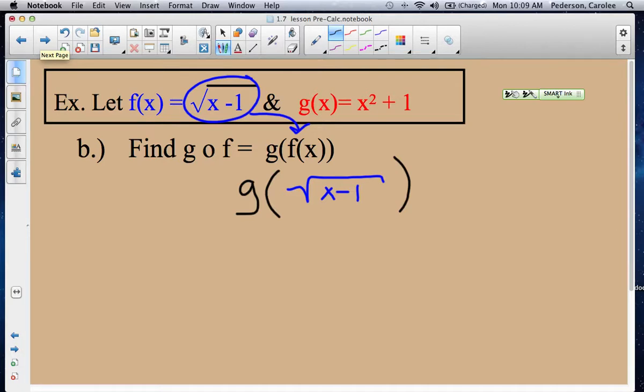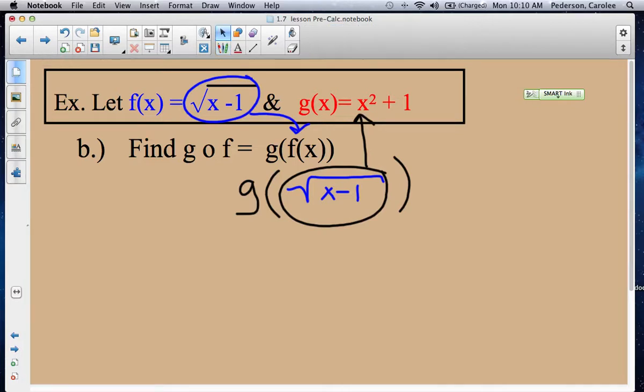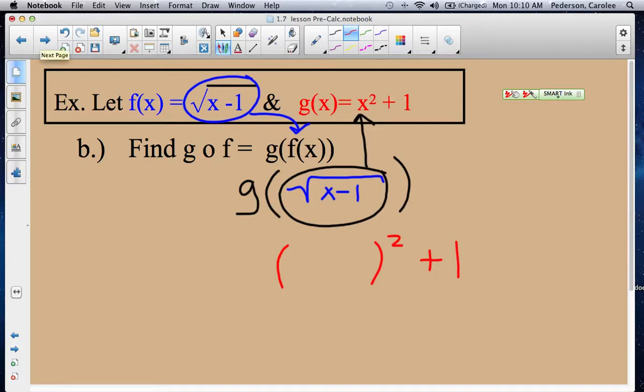Now it's evaluating which function? The g function for x minus 1. So this is now going right up into that x placeholder. And I'm going to replace that x with the square root of x minus 1.